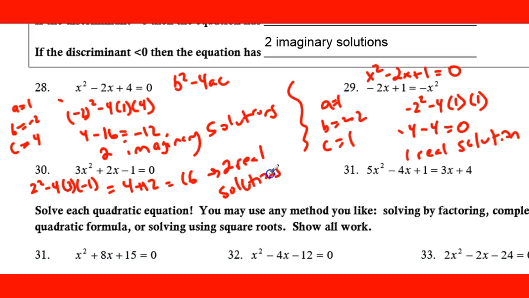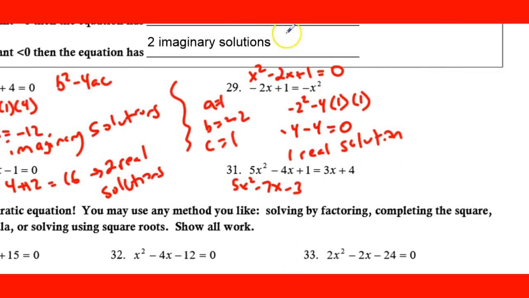And then right here, we have to combine like terms. So move this over here. You have 5x squared minus 7x, because I subtracted 3x, and then minus 4 plus 1, so minus 3. What you have is 5x squared minus 7x minus 3.